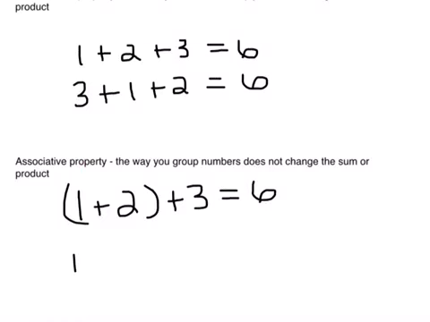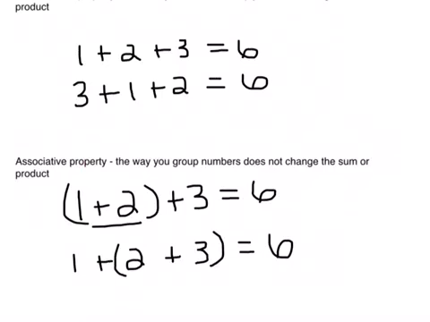However, if instead we group the 2 and the 3 together, we as well will get a 6 here as our answer. 1 plus 2 is 3, plus 3 is 6. 5 plus 1 is also 6. Remember that this works for multiplication and for addition in both of these properties.